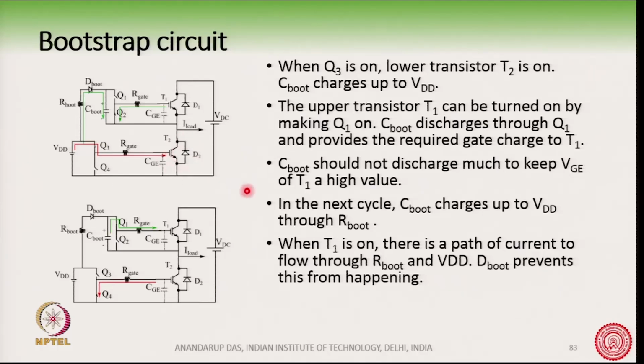So, C boot is again ready for the next cycle. In this way, by using this C boot, we are able to turn on and off both these IGBTs from a single voltage source. So, this is the advantage.